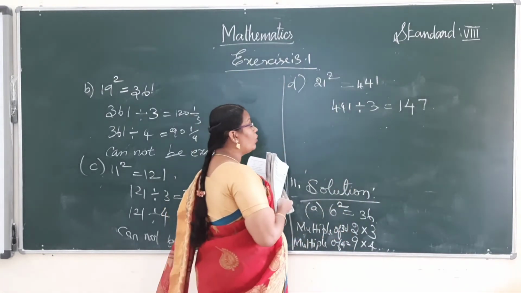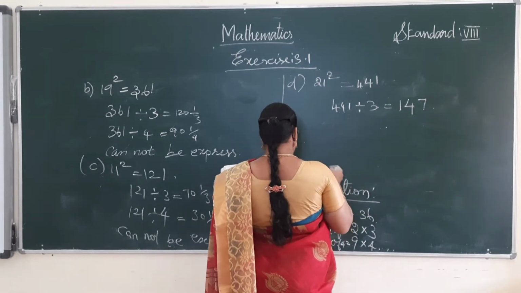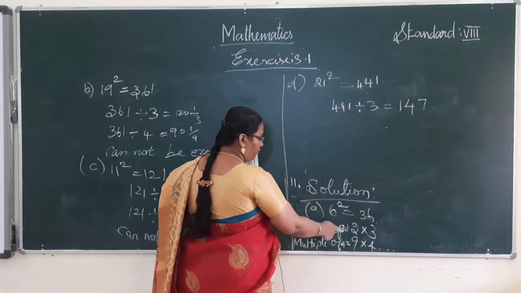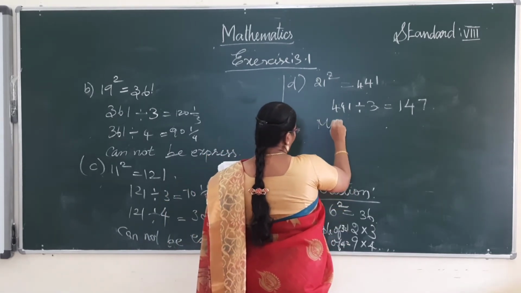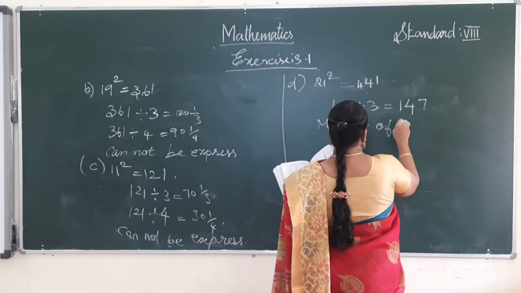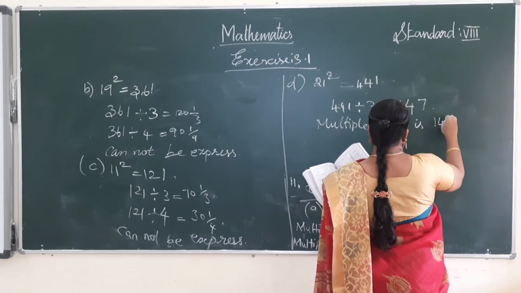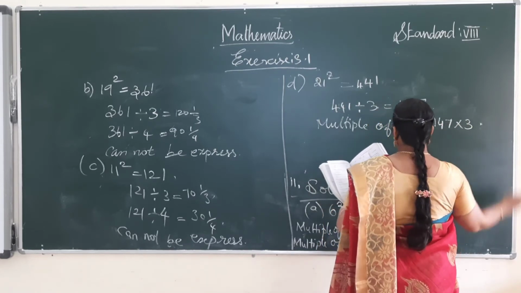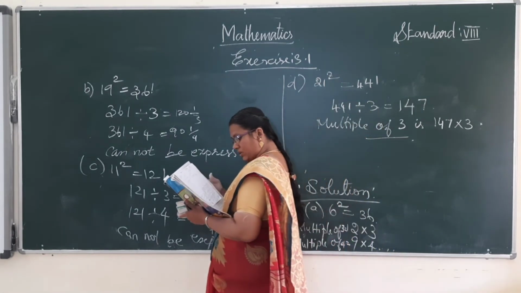So 147. So yes, either a multiple of 3 or a multiple of 4. Here only one is possible, the multiple of 3, which is 147 into 3. Okay, so remaining problems are homework.